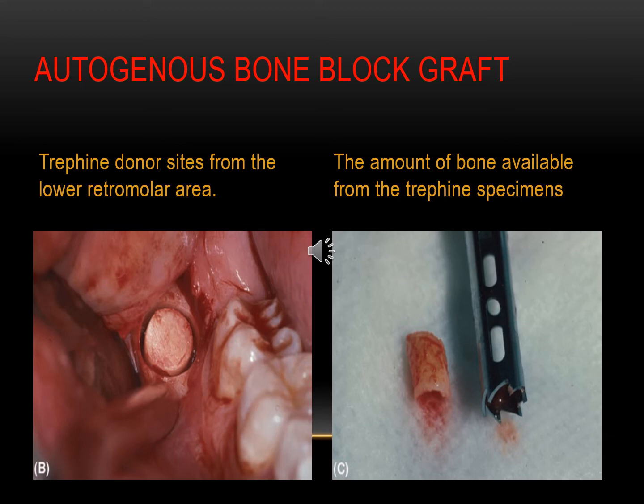It is inserted inside the bone to take the bone block from the retromolar area or from another side of the mandible or maxilla.